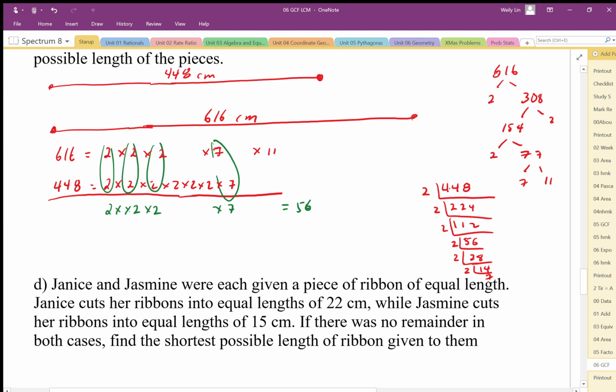We can break this up into 56 centimeter lengths, and it will divide both of those wires evenly. We won't have any leftovers, and that's the longest piece we can use. We could always do 1 centimeter pieces, but we want the biggest length we could use.